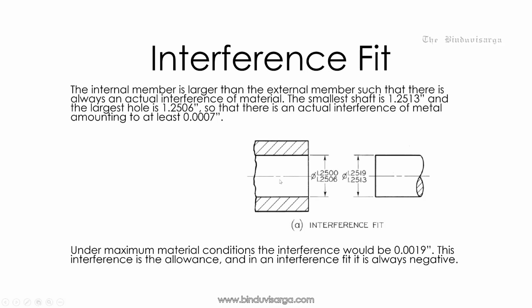So you can find in the figure. Under maximum material conditions, the interference would be 0.0019. This interference is the allowance, and in an interference fit it is always negative.